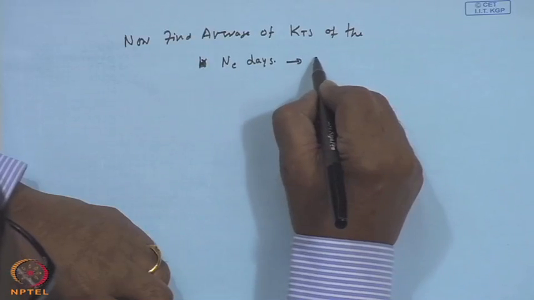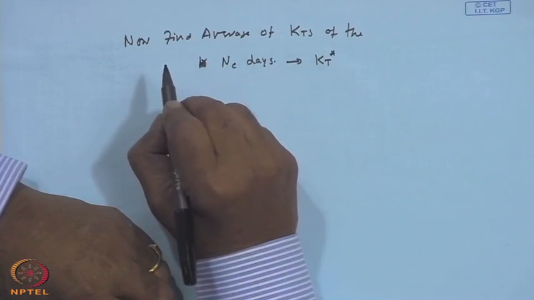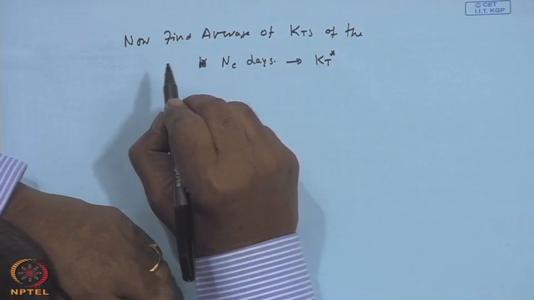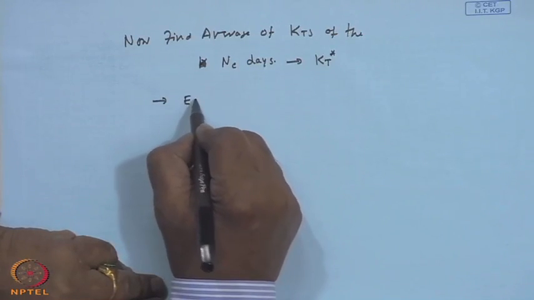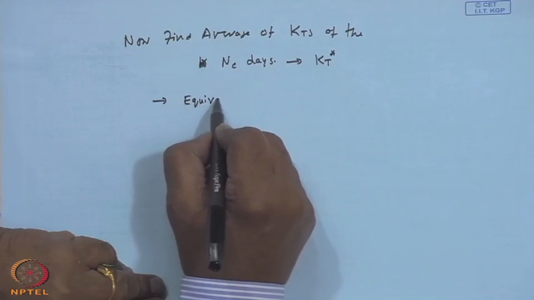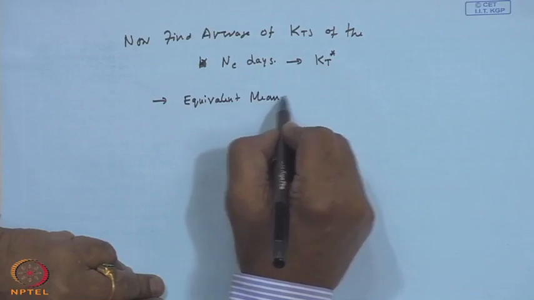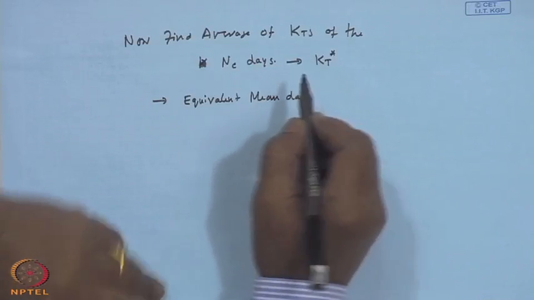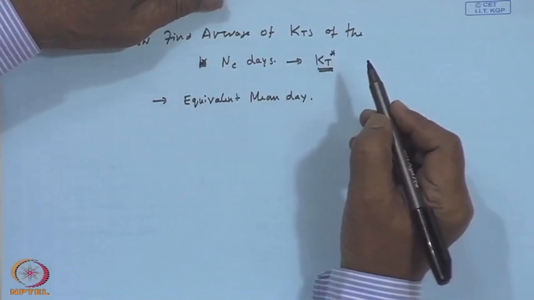This, for the sake of some notation, we will call it KT star. Okay. So, now this I will define as the equivalent mean day. So, now I have got only one day with a particular KT bar star.